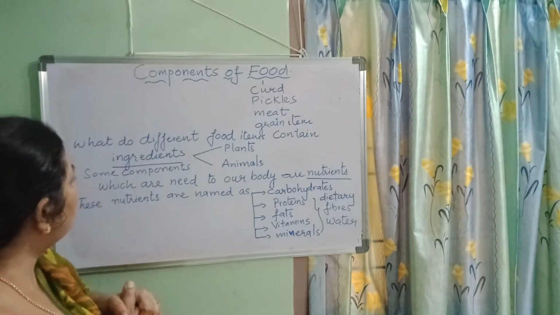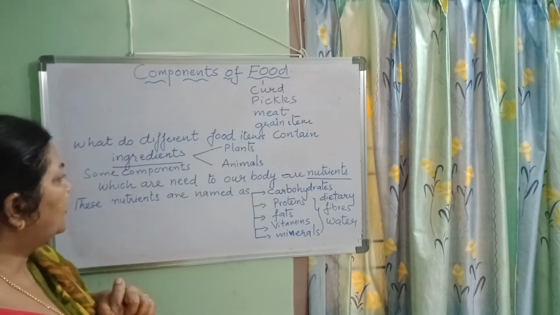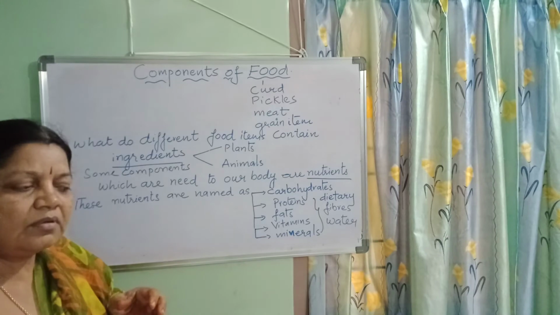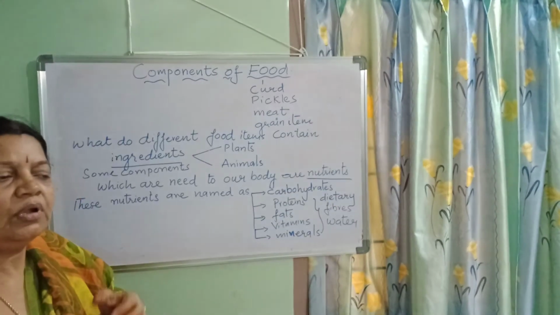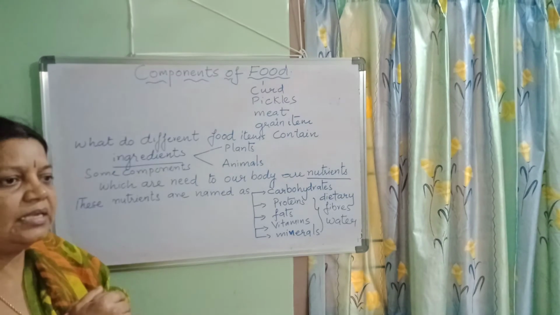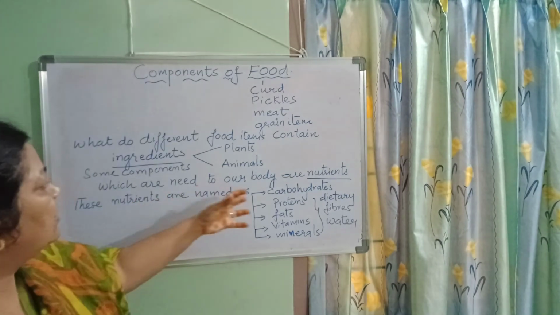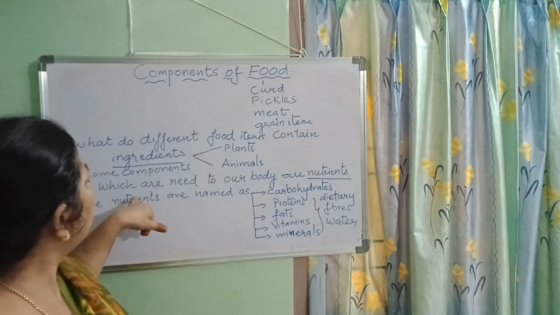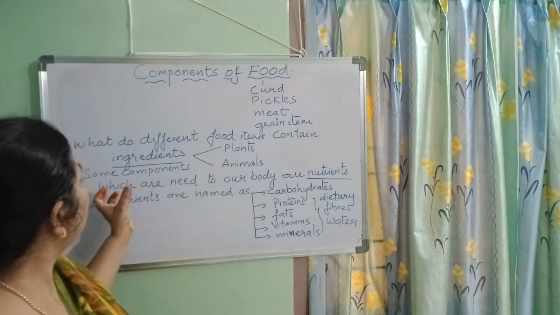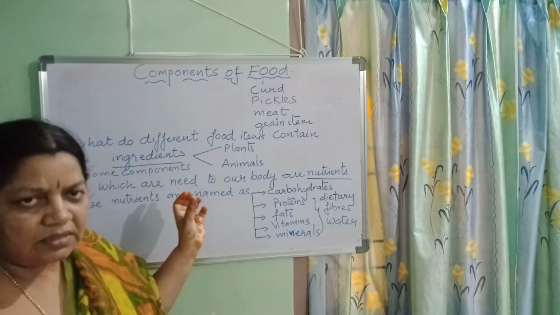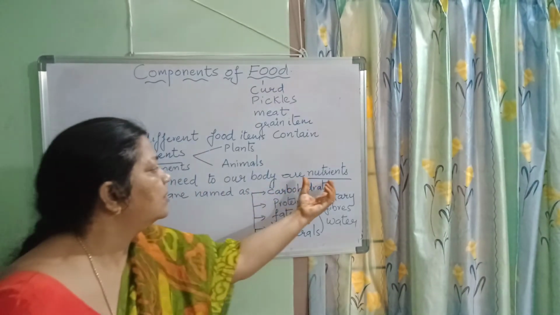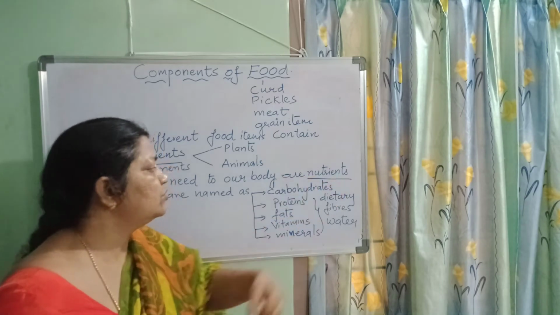What we have to learn here is the importance of food and what the food contains. Food contains some components which are needed for our body. In the food needed for our body, the main items it contains are nutrients.